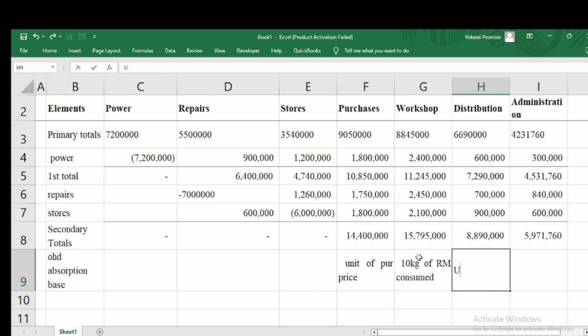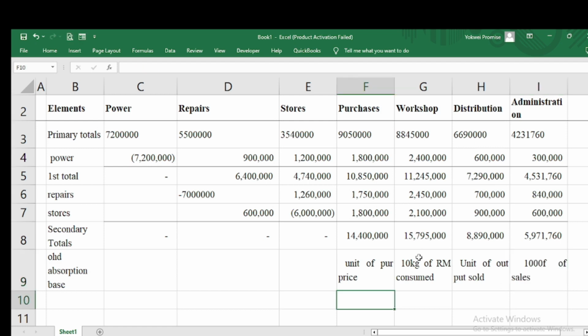And then here we have units of output sold. And then here we have 1,000 francs of sales.